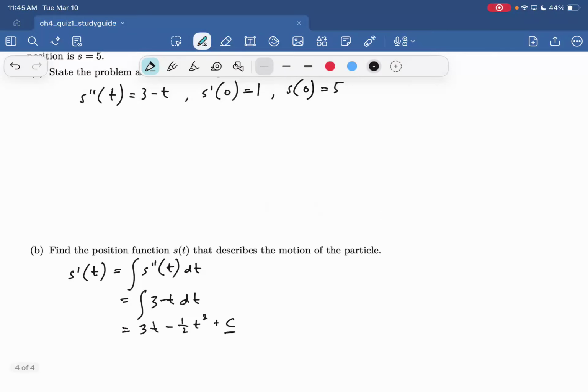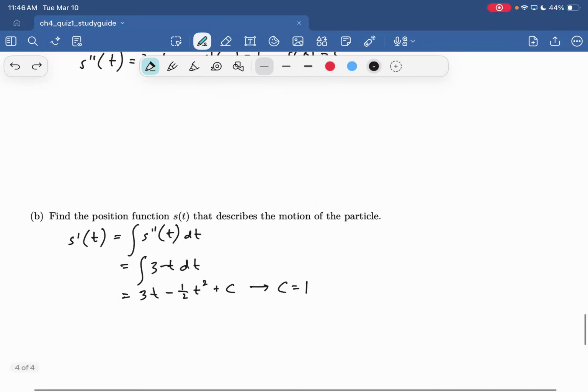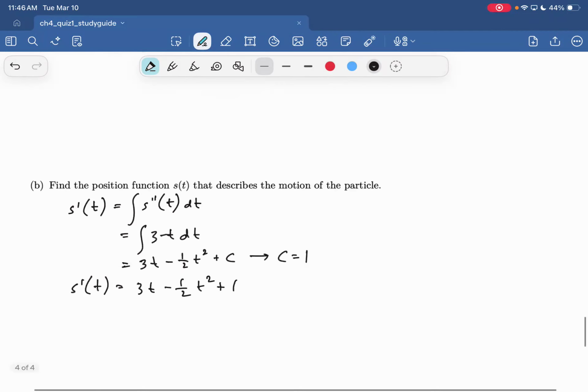And then c here is going to equal 1, because when we plug in t equals 0, we should be getting 1, right? And so the velocity function is 3t minus 1/2 t squared plus 1.